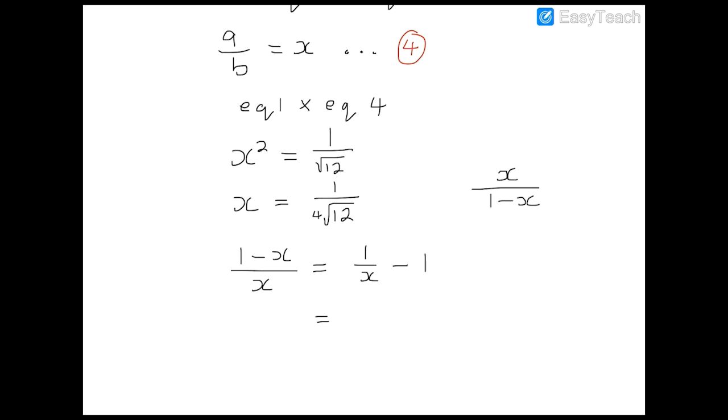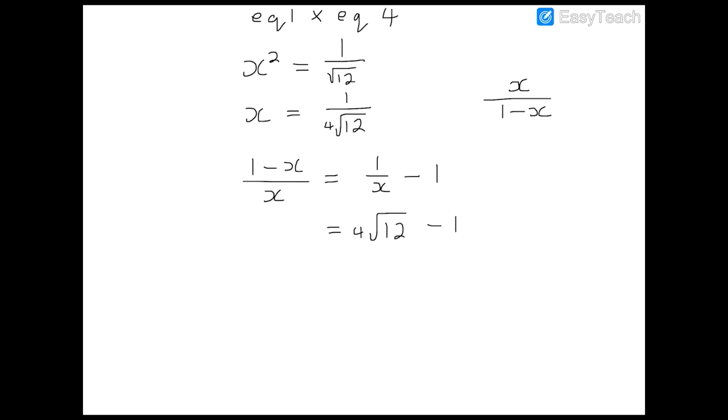So 1 over x is the reciprocal of what we have here, which will be the 4th root of 12, minus 1. Therefore, x over 1 over x will be the reciprocal of what I have here, which will just be 1 over the 4th root of 12 minus 1 as our answer.